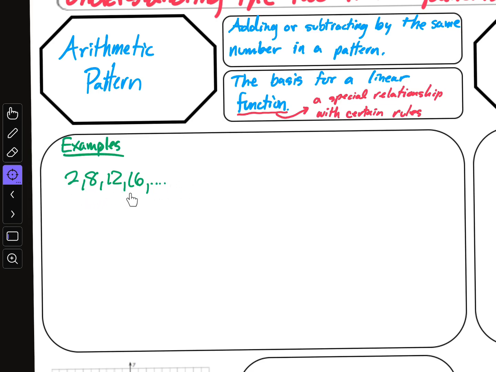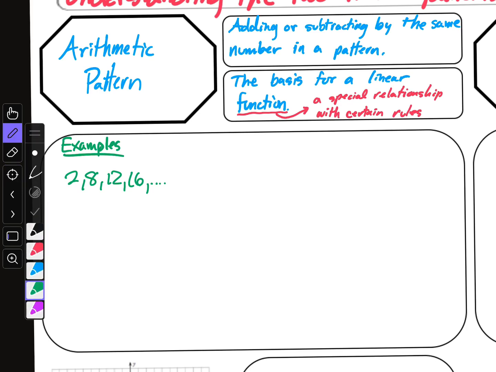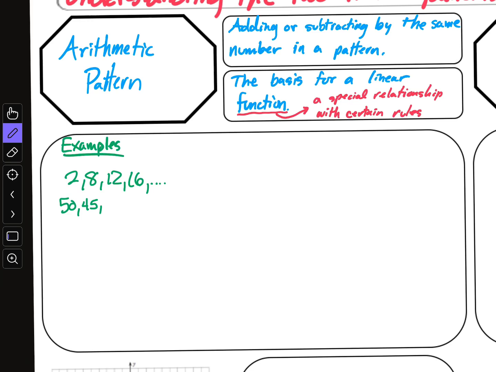So we can see we're adding 4 each time, right? So that's one example, okay? Another example would be, we could subtract 50 to 45 to 40 to 35, right? And we can see that pattern would just keep subtracting by 5, okay?